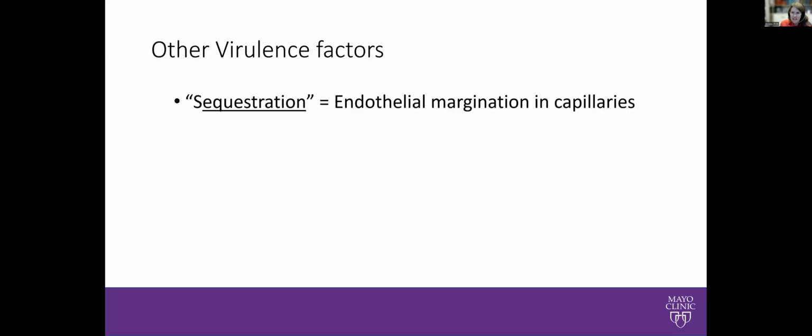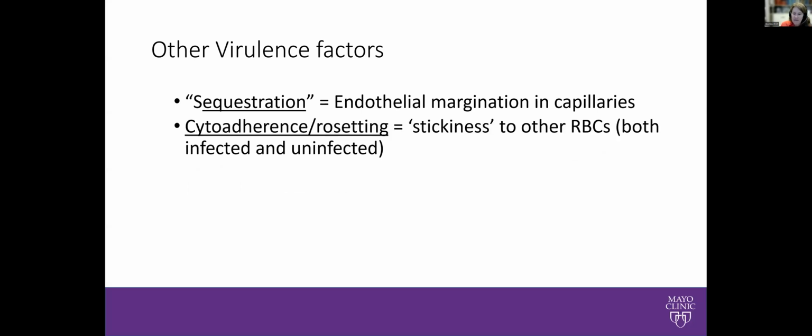virulent. Some other virulence factors that are important to note, though. There's a phenomenon called sequestration, where infected cells will marginate in the endothelium of capillaries, and another phenomenon called cytoadherence or rosetting, where the infected red blood cells will become sticky and they will stick to other red blood cells.